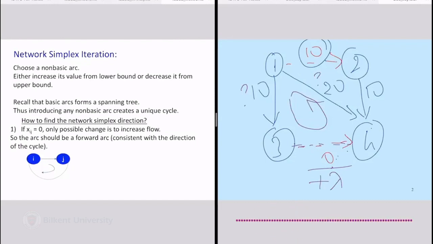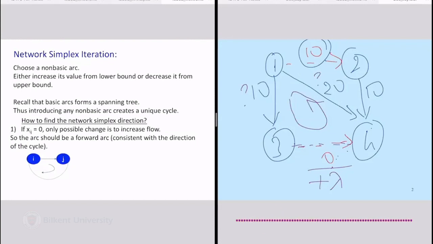Arc 3, 4 is currently at 0 level. If I want to put this one into the basis, into my spanning tree, I have to increase its flow, okay? That means the cycle that it's going to create will be in the direction of that arc. So I'll send delta units from here. Now I have to remain satisfying Ax equal to b, flow balance.